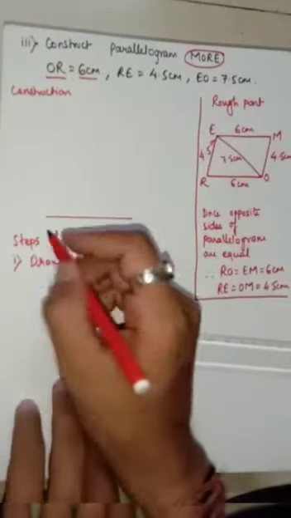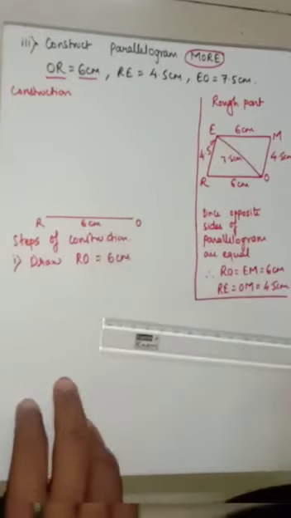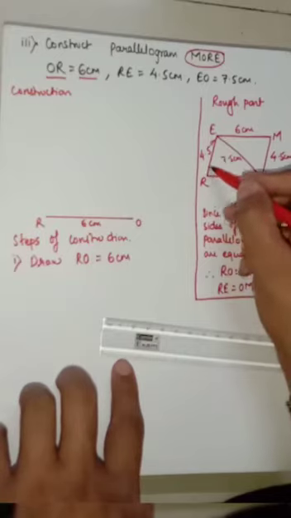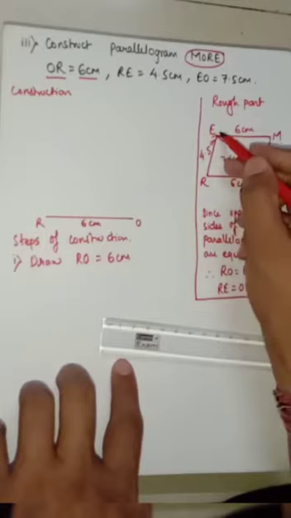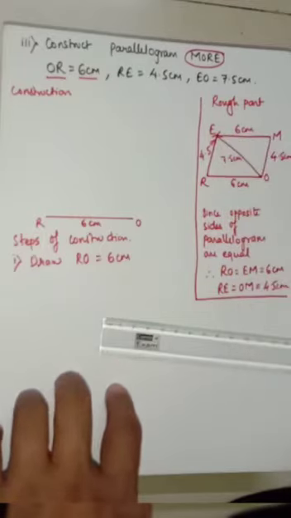Okay, this is RO of 6 centimeter. Then from R as center and O as center, from R we will draw an arc of 4.5 centimeter, and from O we will draw an arc of 7.5, and the point of intersection will be named as E.